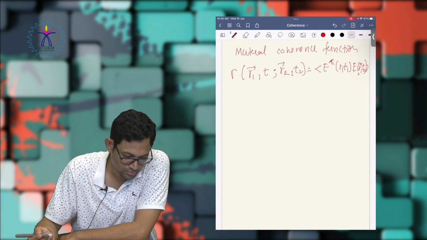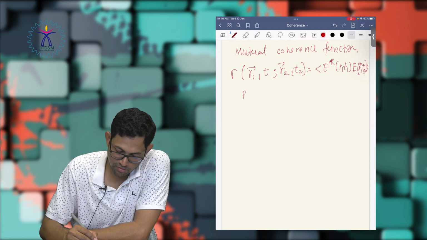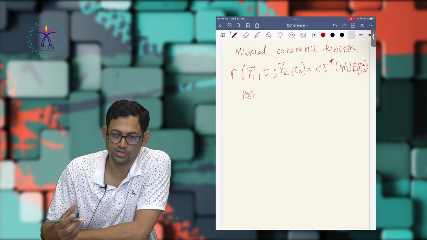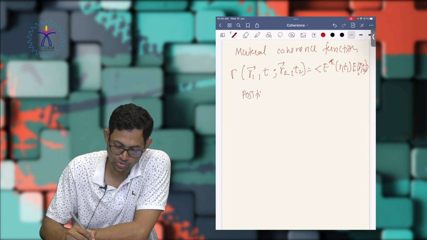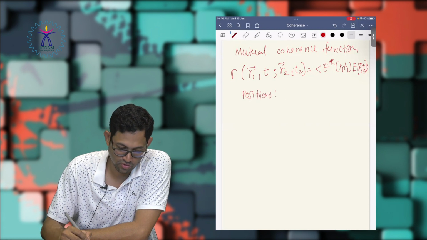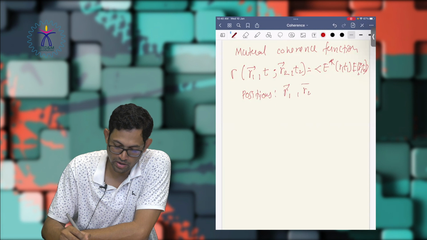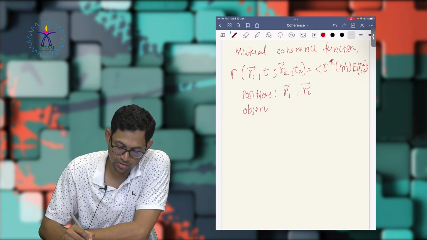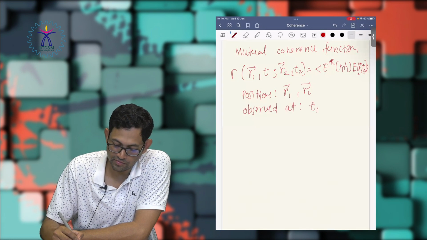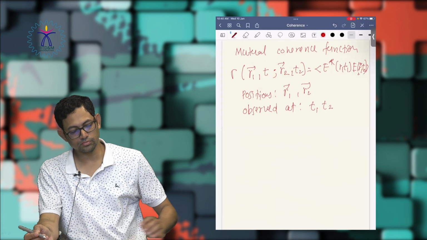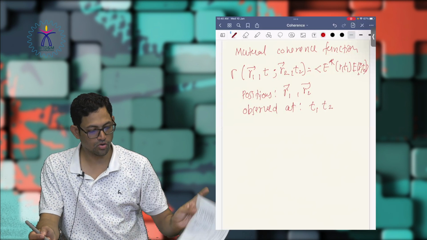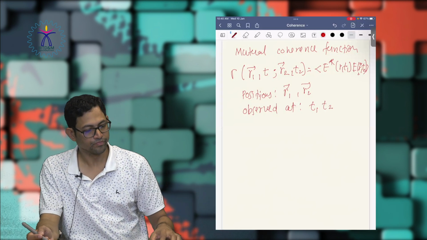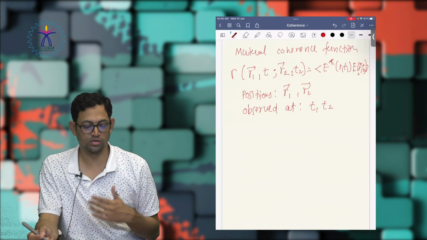Now this mutual coherence function is defined for which positions? It is for R1 and R2, and it is observed at T1 and T2. This is how you define the mutual coherence function.